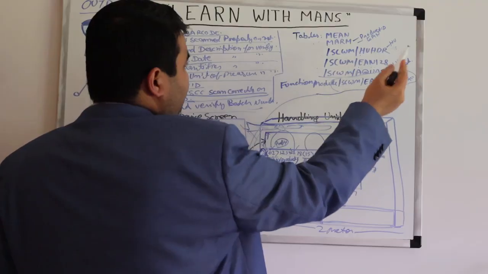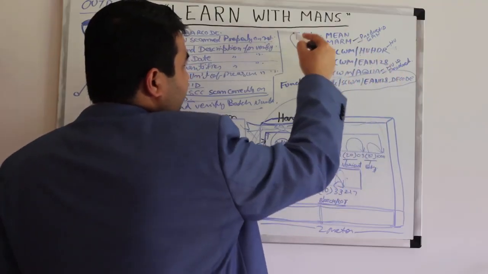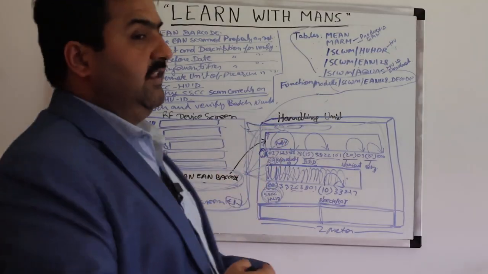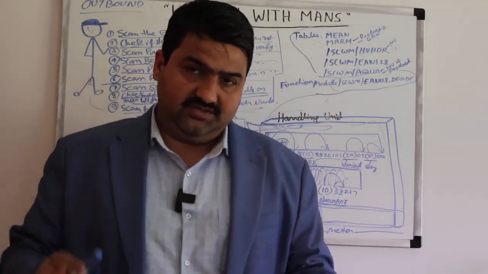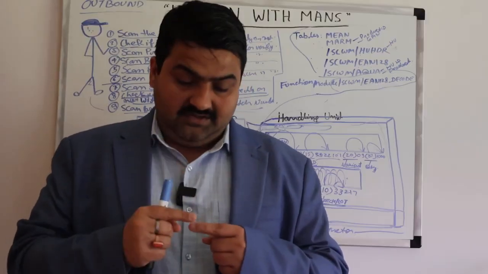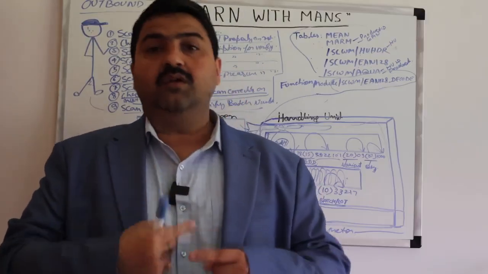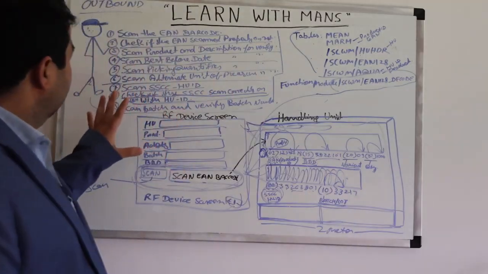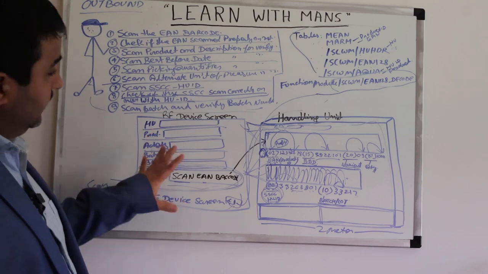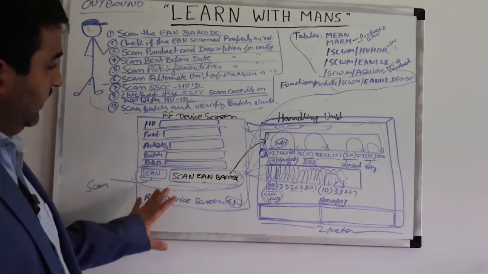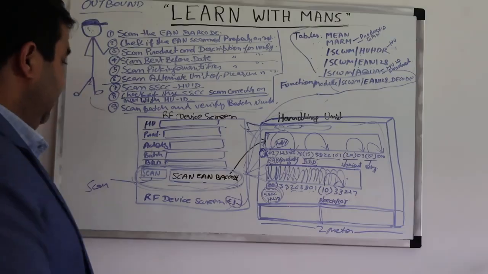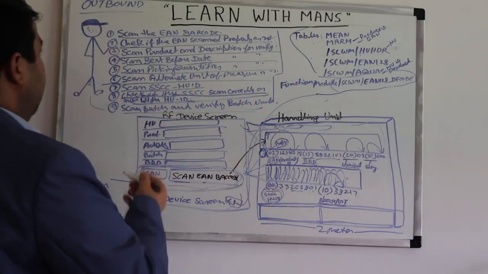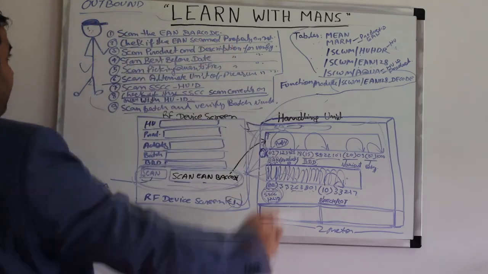Some tables contain HUID, product ID, and we have more tables. The system will verify if everything is okay, then they perform the process. The required data will be saved or cross-checked from the system. So this is the outbound delivery process, the picking process, along with the improvements, and how we improve the business process. And this is the warehouse workers' outbound delivery process.